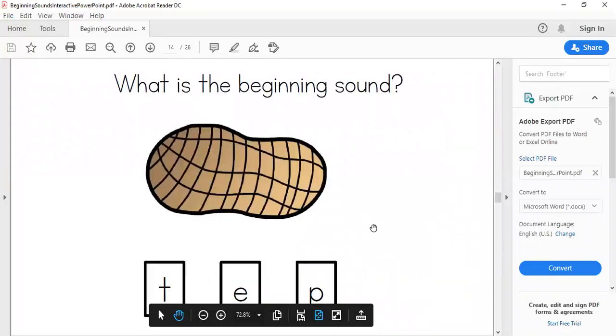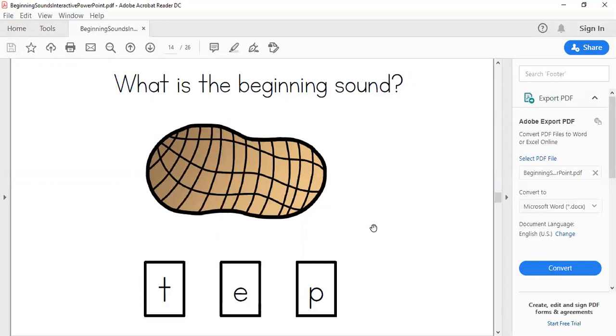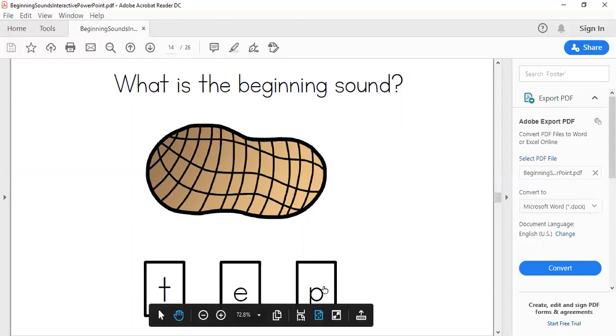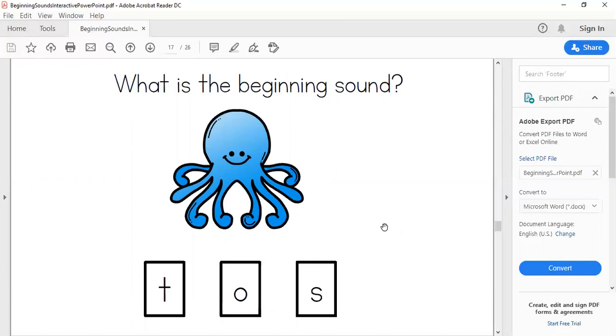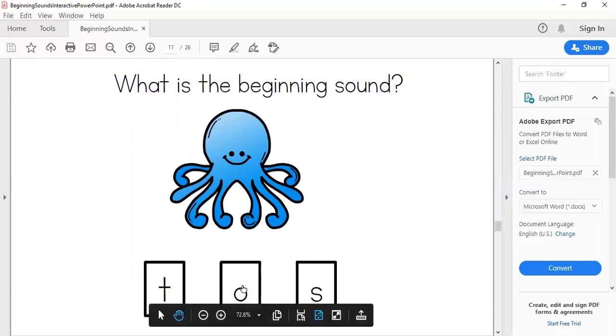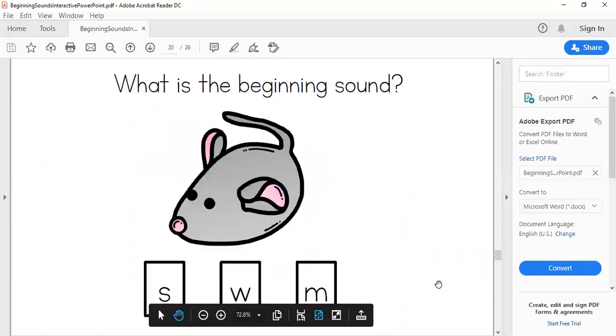How about a peanut? I hear at the beginning of peanut the P sound, which is the letter P. How about an octopus? I hear at the beginning, that is the letter O. What is the beginning sound of mouse?